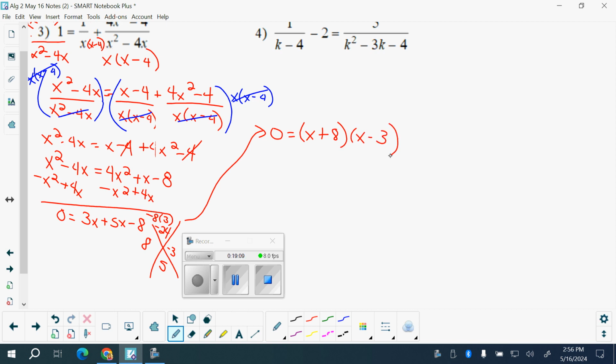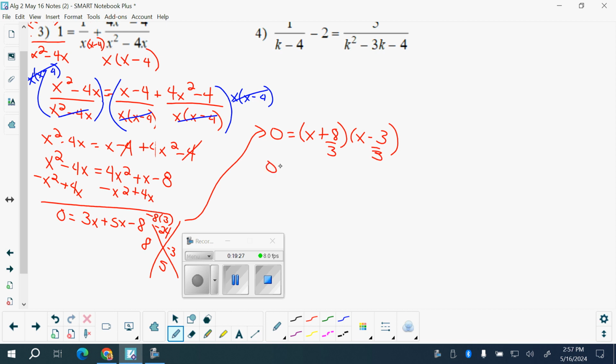What's my next step? Be careful. We got to divide by 3. That's right. Because we multiplied the negative 8 times 3, we have to divide out that 3.